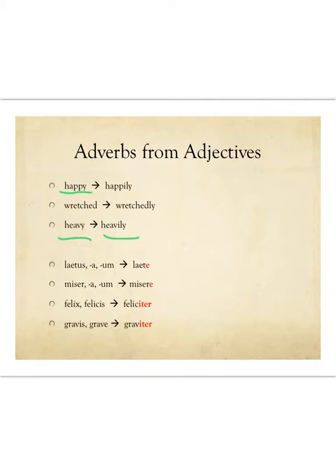But for the kind that are first, second group, so something like laetus, laeta, laetum, which means happy, we just remove the us and we add e. And so laete would mean happily.